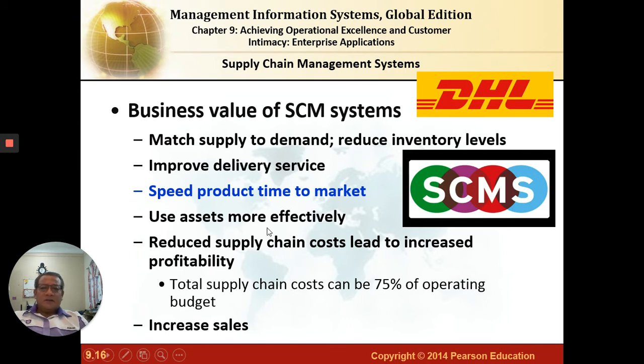In the overall sense, supply chain management contributes to a reduction of 30% of operating costs. SCM will also increase sales, because customers can get fast feedback from the supplier.